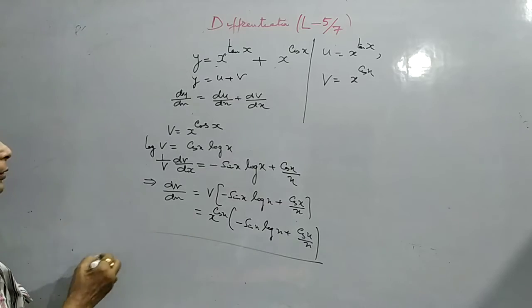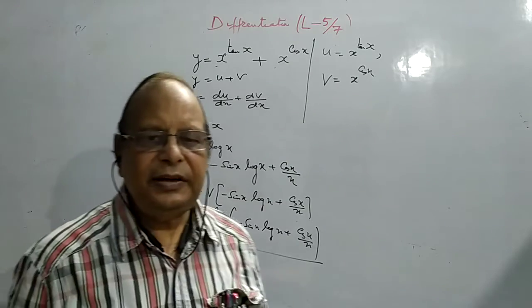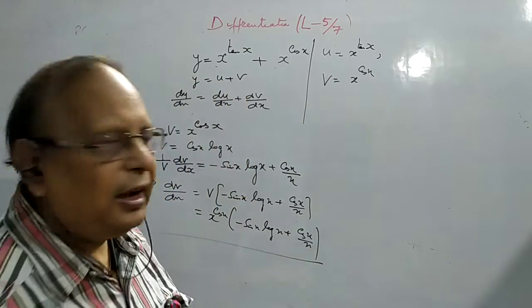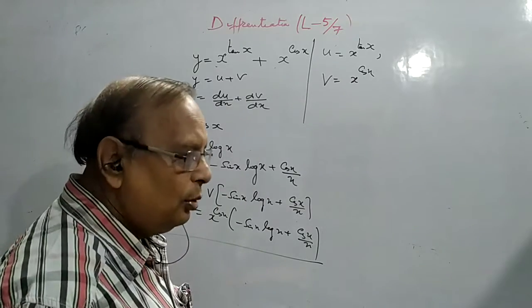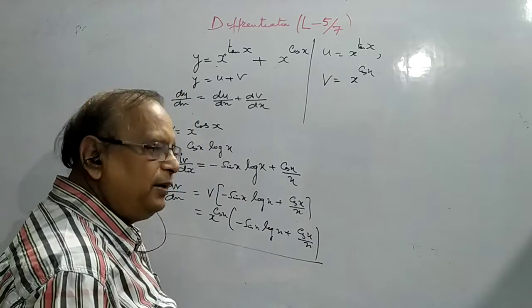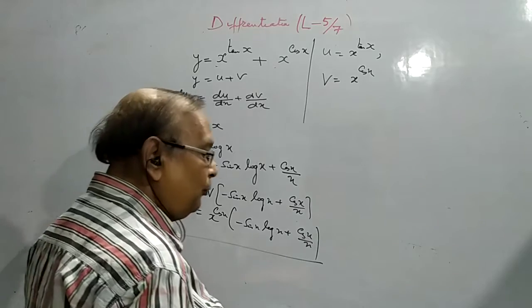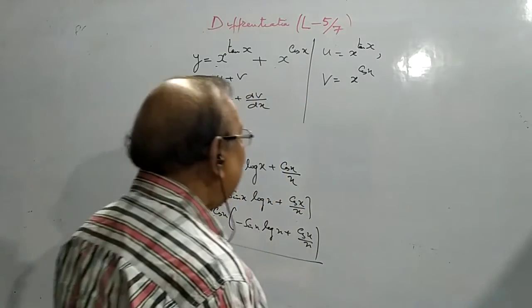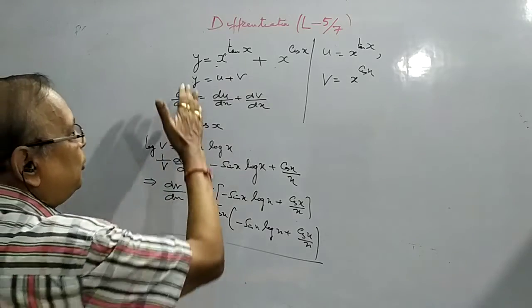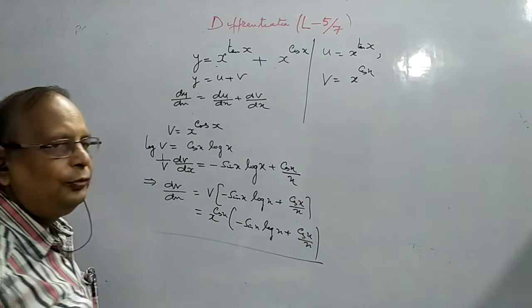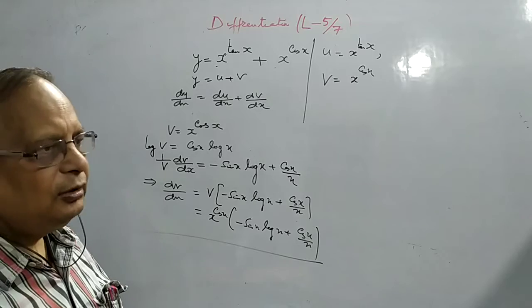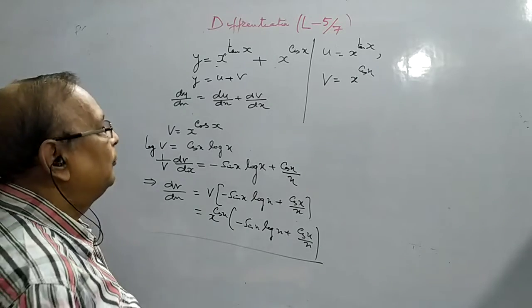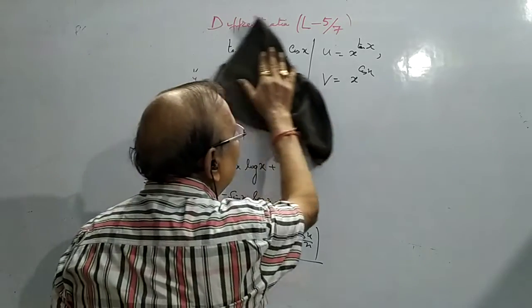By putting the value of du by dx and dv by dx, we get, after summation of these two, dy by dx. So we have to assume u and v separately. If there is another function u plus v, we can't take log of both sides.